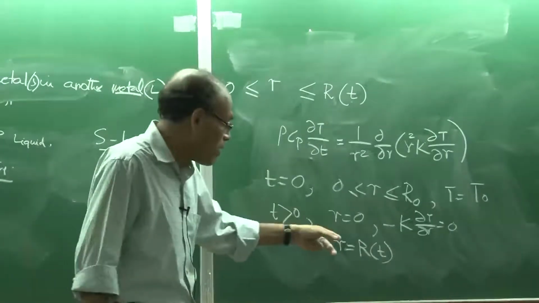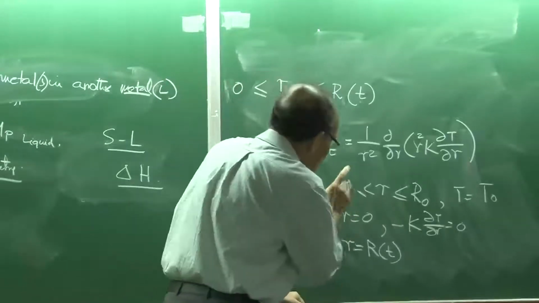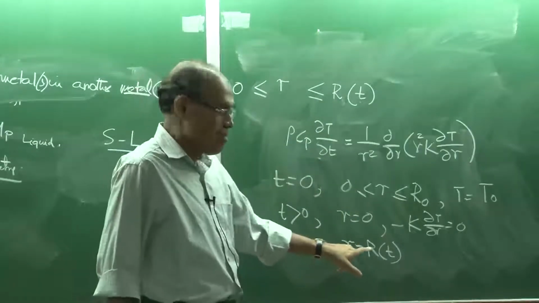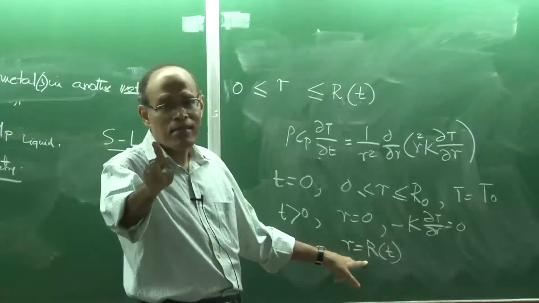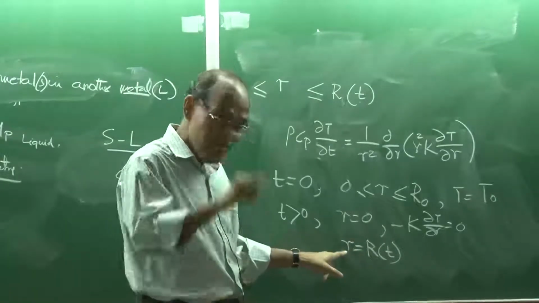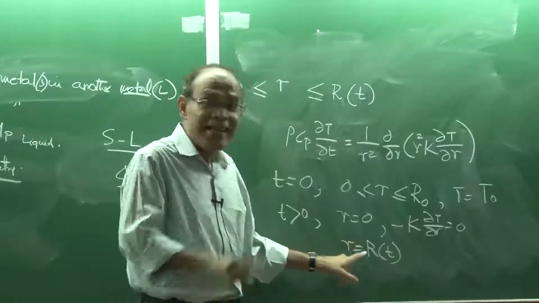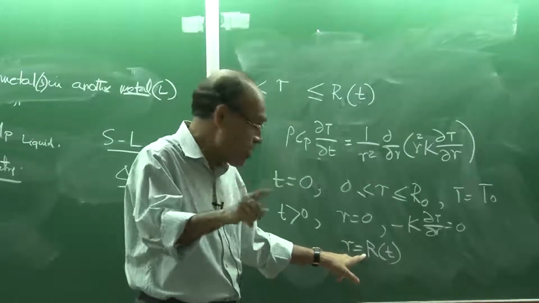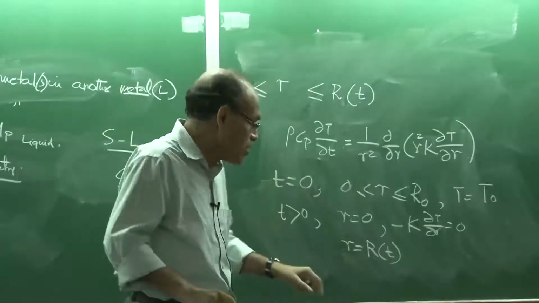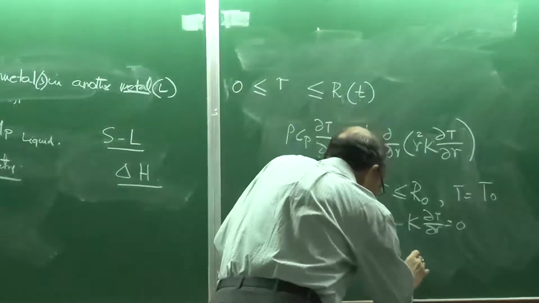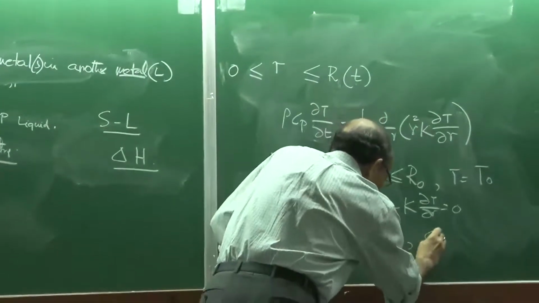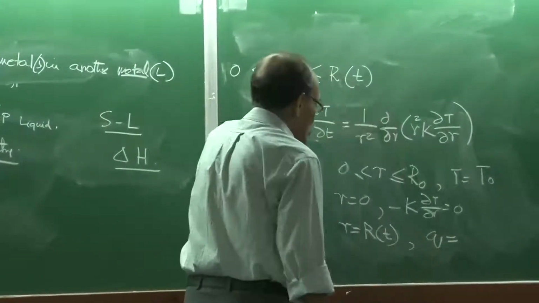The radius of the sphere is changing as a function of time, but no matter what the radius is, at that surface, this represents an instantaneous surface of the sphere, or instantaneous solid-liquid interface.